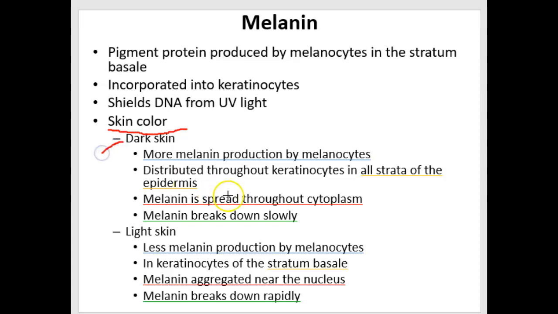Dark skin has more melanin production. Light skin has less melanin production. That's the most important thing. The other thing is, in dark skin, I guess the melanin breaks down more slowly, and in light skin it breaks down more rapidly.